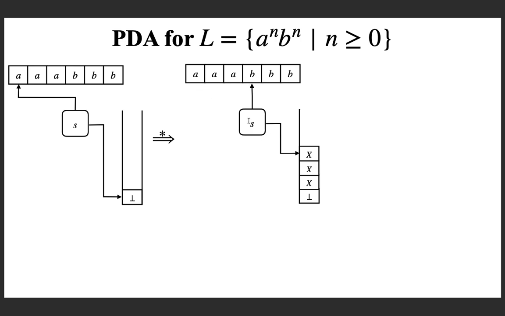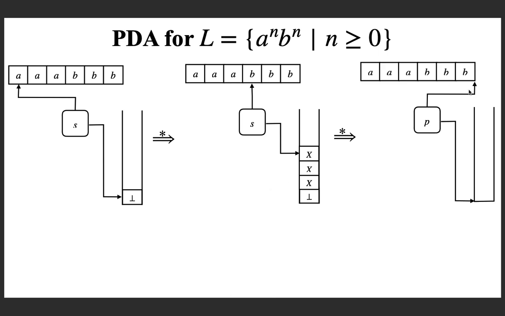Now you can start reading a symbol b, and whenever you read a b, you take out an X. You just take out, no need to push anything onto the stack. Do it in a new state. So finally after you finish reading input, all the 3 X's will be taken out, and at last you take out the bottom of stack symbol also. This is what you can do.